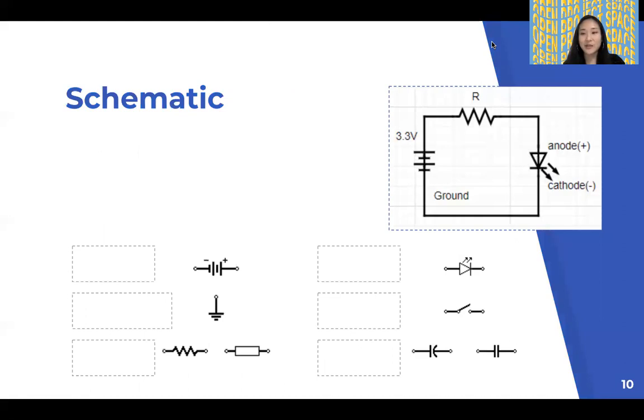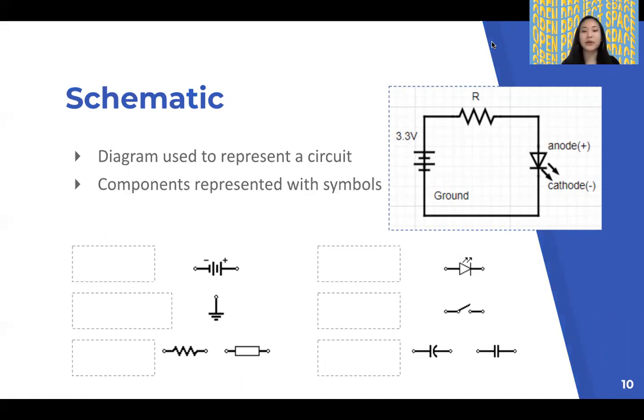A schematic is basically a diagram used to represent a circuit, where the lines are the wires and components are represented with symbols. If you are familiar with schematics, you'll be able to guess what these components are. The first is the battery, where the longer line, or sometimes the plus sign, is the positive terminal of your battery.